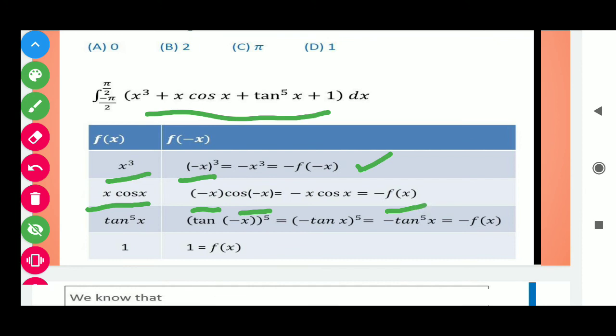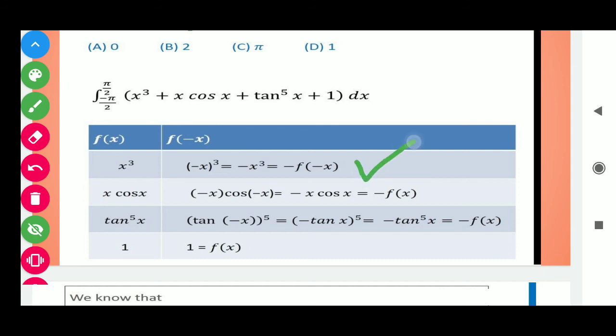And if we convert tan raised to power 5x, x to minus x, again we get the negative result. But here 1 is constant. So if we convert x to minus x, here is no x, so it remains same. So students, those functions are negative of itself, that will become 0 because these are odd functions.